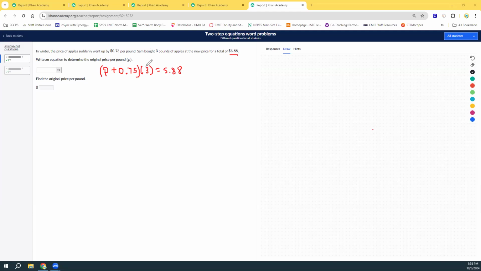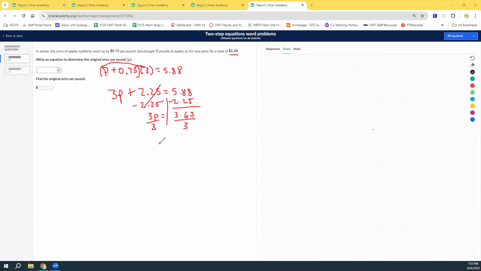Now I'm going to distribute, 3P and then 75 cents times 3 is 2.25. And then that equals 5.88. So now I'm just going to do this the old-fashioned way. I'm going to subtract 2.25 from both sides. So what do we get? We get 3.63. 3P equals 3.63.